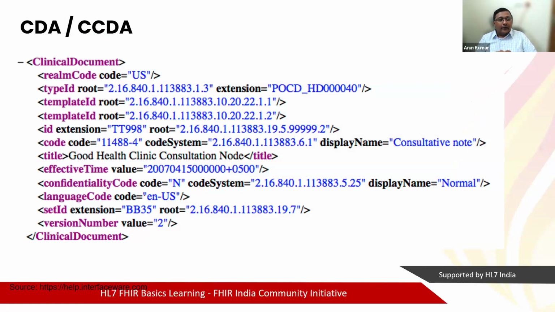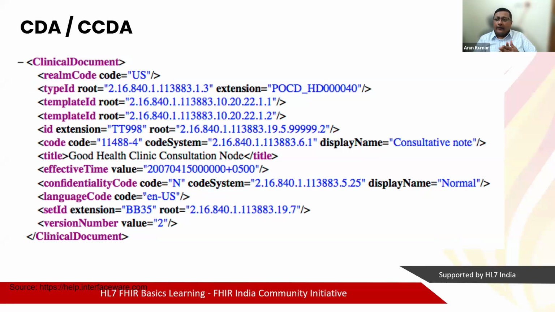The sections can contain the SOAP notes, lab orders, medications, and so on. So this is an XML representation of a document. Wherever I have taken images from other websites, I have clearly mentioned the source. Next slide, please.